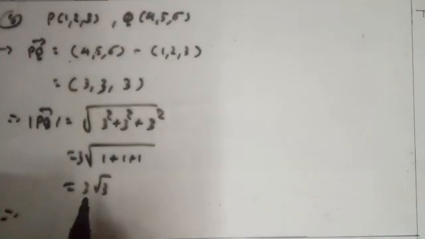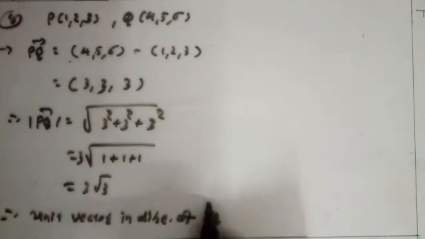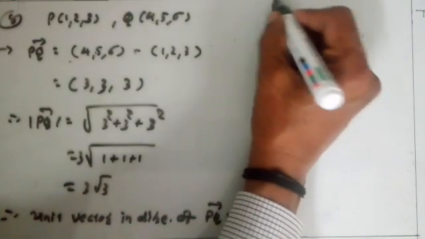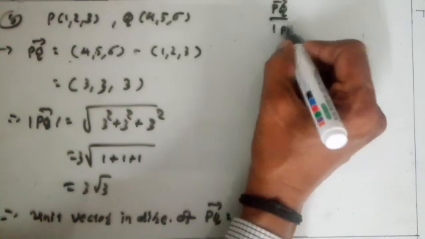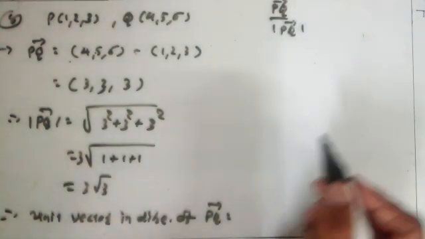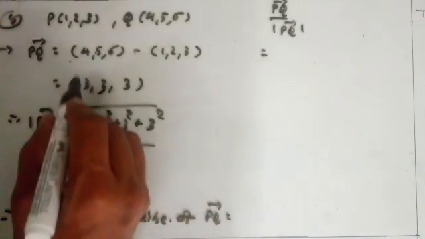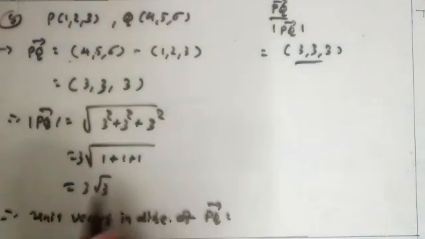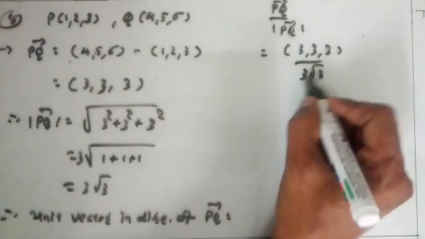Therefore the unit vector in the direction of PQ is equal to PQ upon mod of PQ, that is (3, 3, 3) upon 3 root 3.